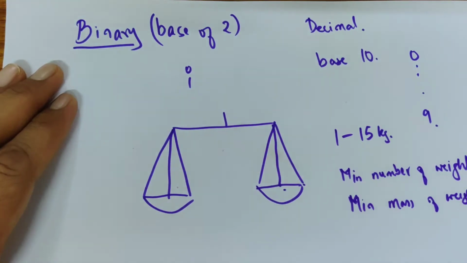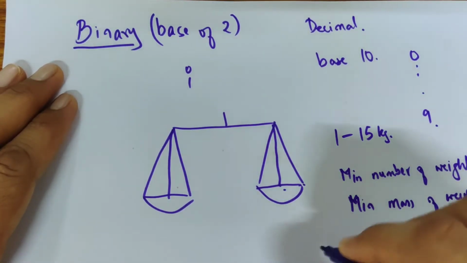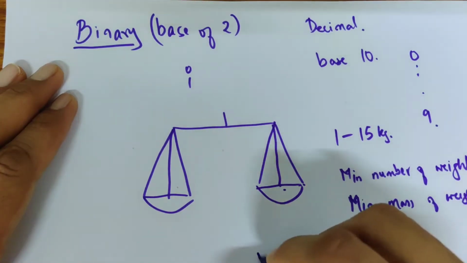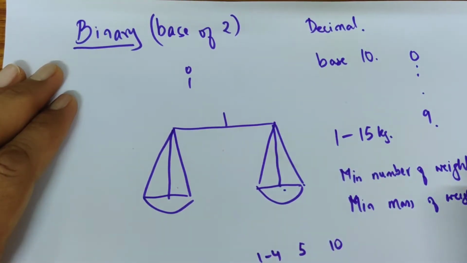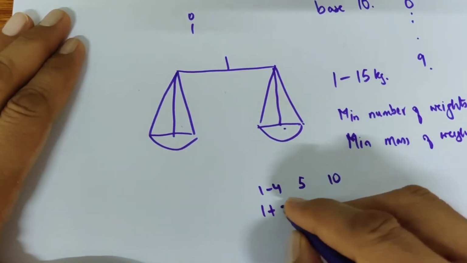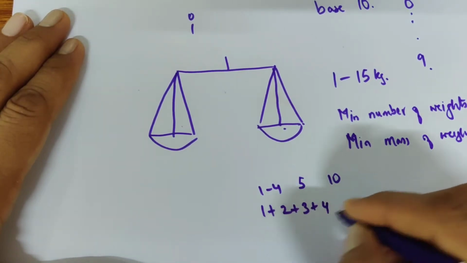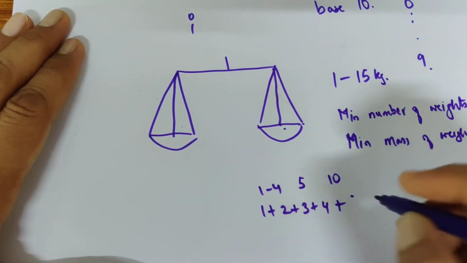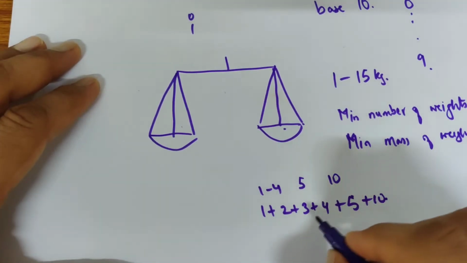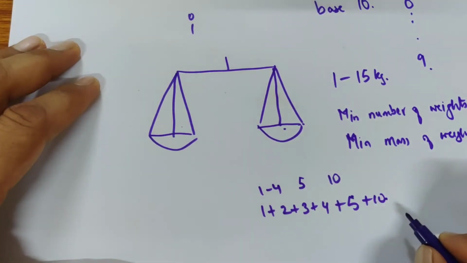So if you did it, let's say, with decimal, we would have said, okay, let's have one weight of 10 kg, and then one weight of 5 kg, and then weights from 1 to 4 kg, and I'm done. But here I have 1 plus 2 plus 3 plus 4 plus 5 plus 10. That's quite a bit. Of course I can say I can eliminate some, I don't have to use all of these.